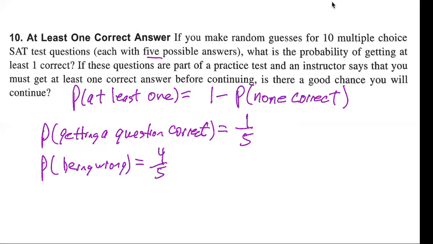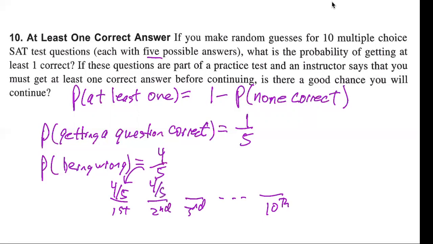Now, how many are you guessing on? You're guessing on the first and the second and the third, all the way up to the 10th. So the probability of you being wrong on the first is 4 out of 5. Also the second and the third, all the way up to the 10th. And because it's and, we're going to multiply all of these.